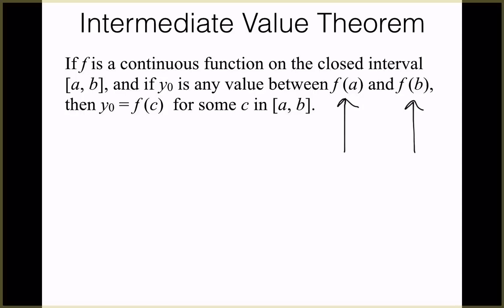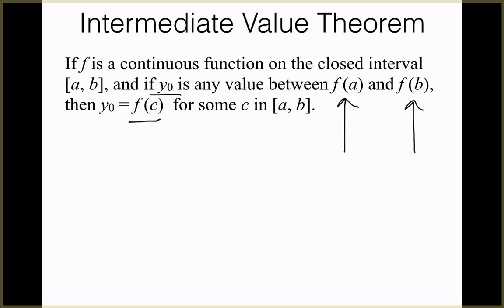So that's what the conclusion of the intermediate value theorem says. So if y0 is any value between f of a and f of b, then y0 has to equal f of c for some number c between a and b within the closed interval from a to b.